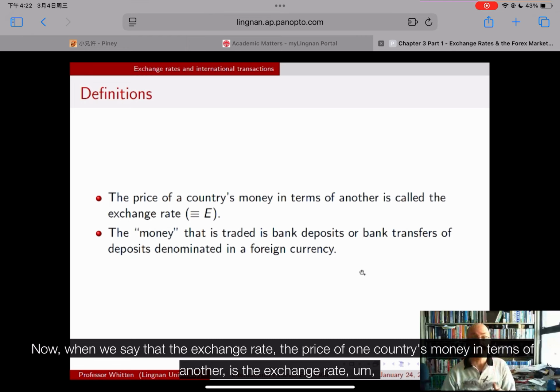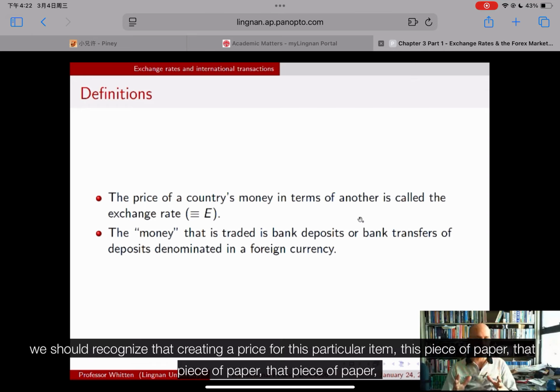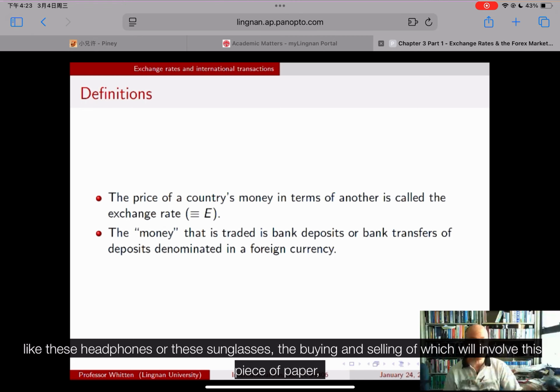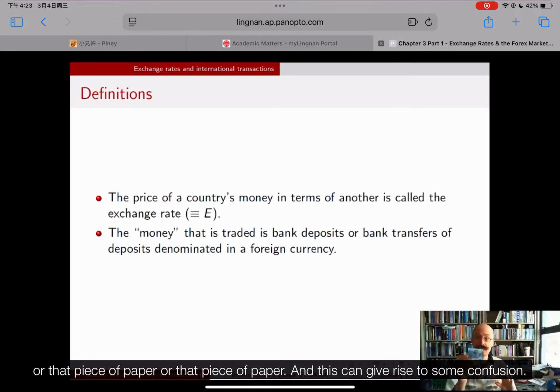Now, when we say that the exchange rate, the price of one country's money in terms of another, is the exchange rate, we should recognize that creating a price for this particular item, this piece of paper, that piece of paper, this is going to be a little different from markets you may have studied in the past, where we talk about something that is clearly not money, like these headphones or these sunglasses, the buying and selling of which will involve this piece of paper, or that piece of paper.